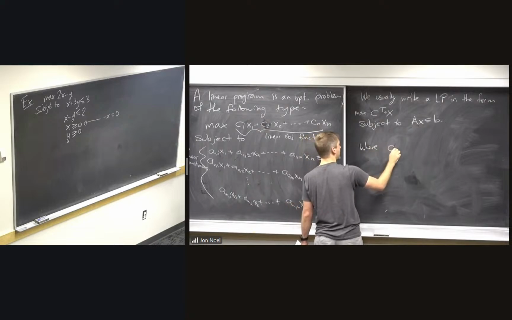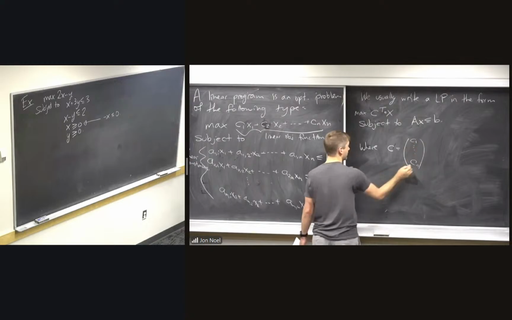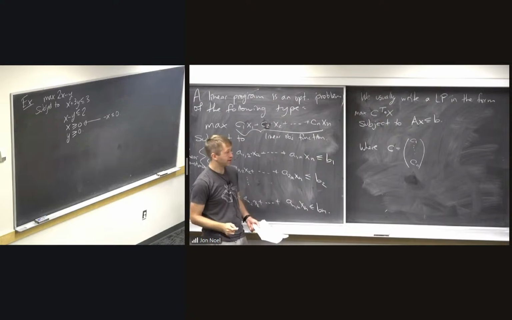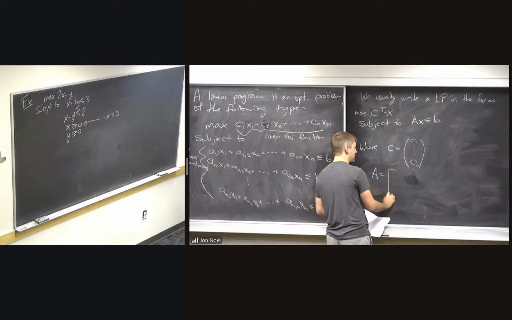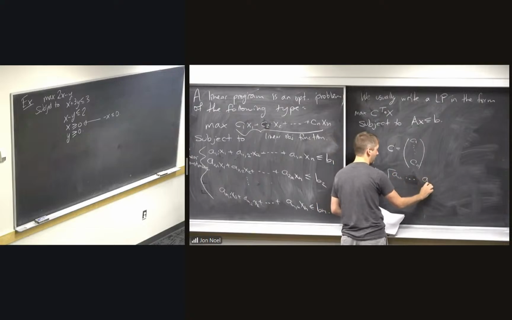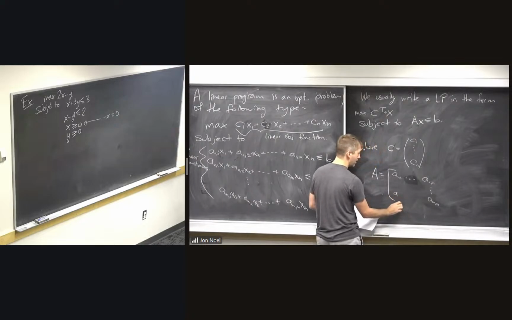C is the vector that contains c1 up to cn. A is the matrix a11 up to a1n, down to amn and am1.